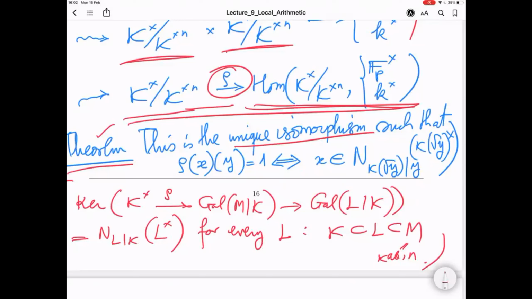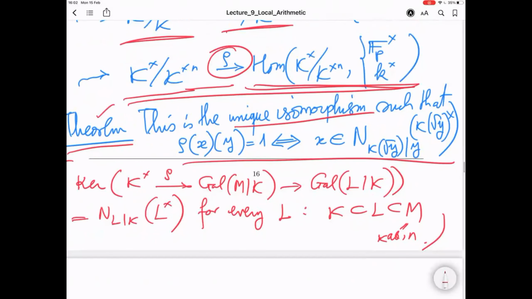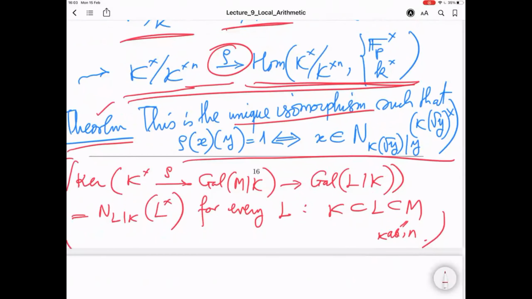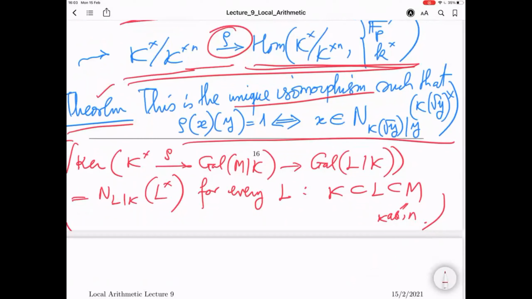This rho is the unique isomorphism satisfying this property. Now, this property can be written out like this, and it's exactly what we were saying about intermediate extensions and norms from these intermediate extensions.